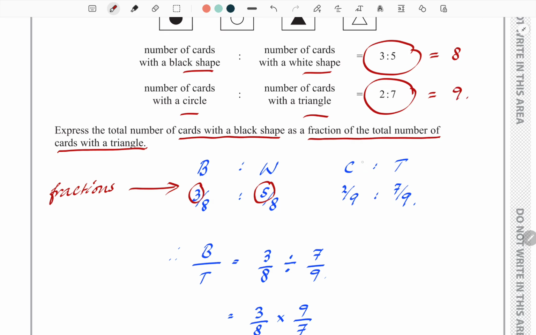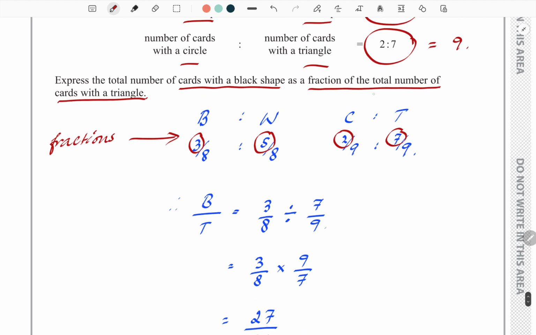And similarly, circle versus triangle is 2/9 versus 7/9. So again, ratio of 2 to 7, okay? So all we want, this whole sentence at the end there, all it means is that we want the black shapes as a fraction of total number of cards with a triangle. Okay, that's this thing here.